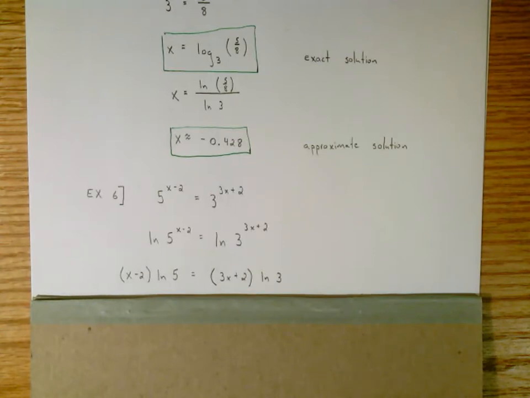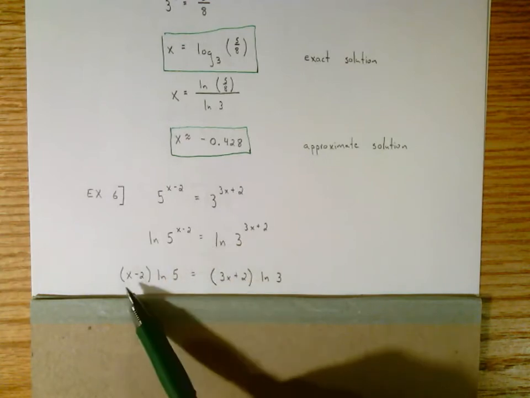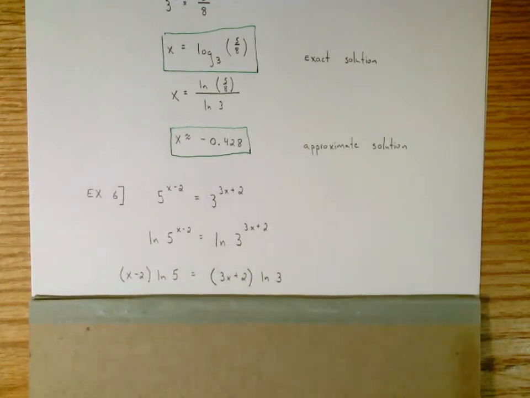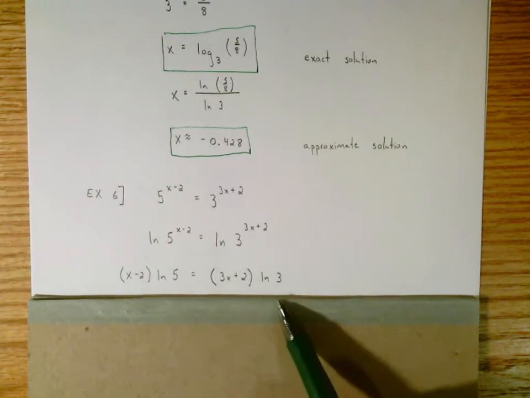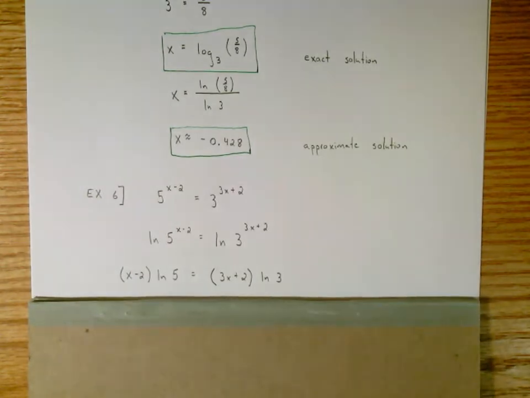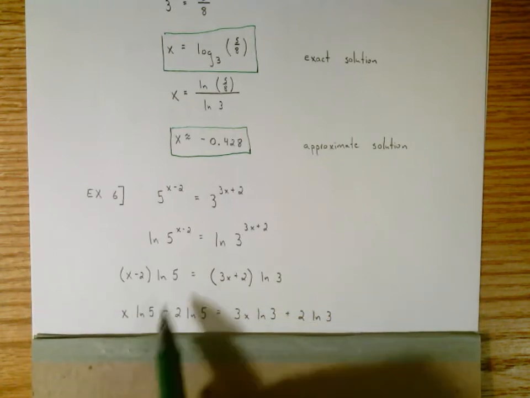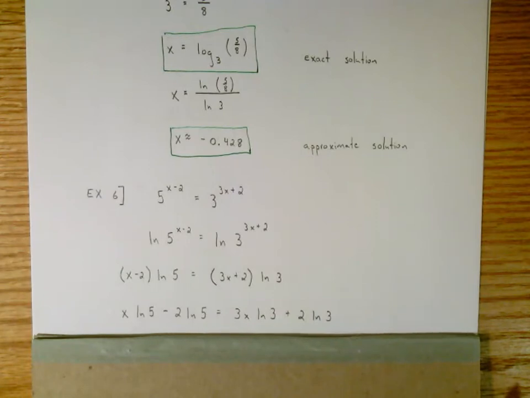So I've got my exponent now written as a coefficient on each logarithm. These two logarithms, natural log of 5 and natural log of 3, are just constants. So I'll use my distributive property here so I can rewrite these expressions without any parentheses.